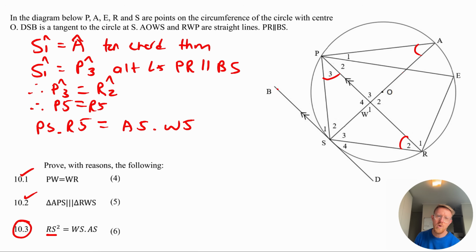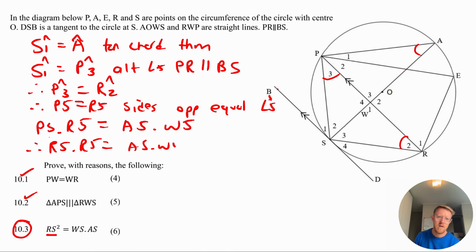Because those are the sides that are opposite equal angles. Okay, it's like isosceles triangle vibes. And so we can then go replace this with RS. And so therefore we can say RS squared equals AS times WS. Done.